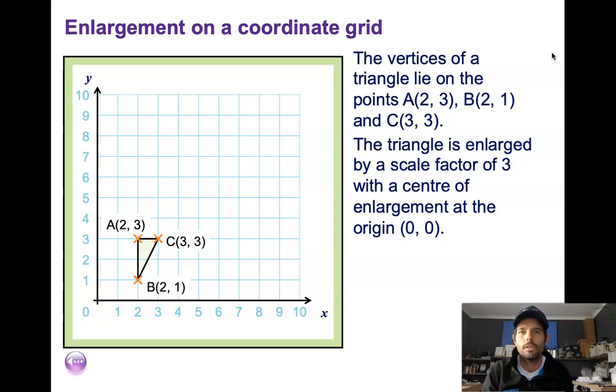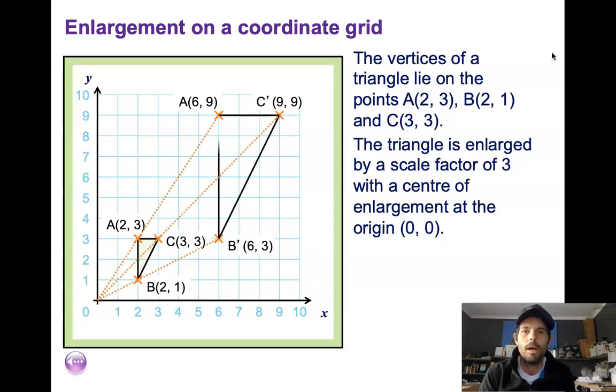So 2 times 3 is 6, 3 times 3 is 9, and that would be our new coordinate for the enlarged vertex of A. All right, and we'd have to do the same to C. Just multiply 3 and 3 by 3, and you get 9 and 9. And for point B, you'd multiply 2 and 1 by 3, and you'd get 6 and 3. Okay, and that's because we are enlarging from the origin.